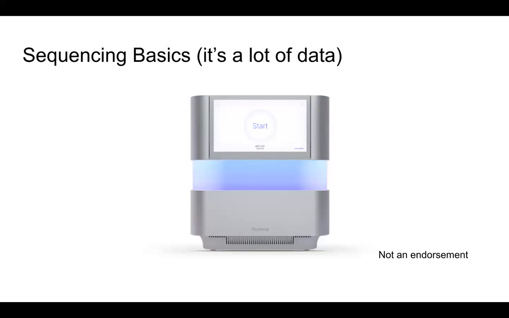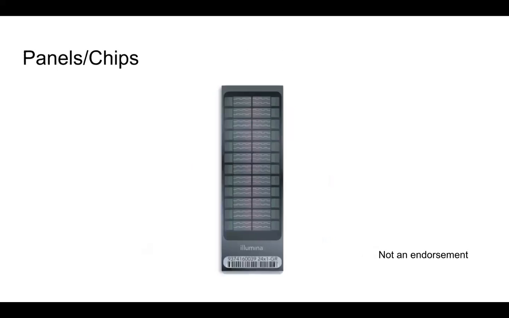With short read data, about 90% of next generation sequencing data is coming out of one of these machines or a similar machine. Although we still use panels and chips quite a bit, particularly for large population sequencing. This is a Global Screening Array chip.